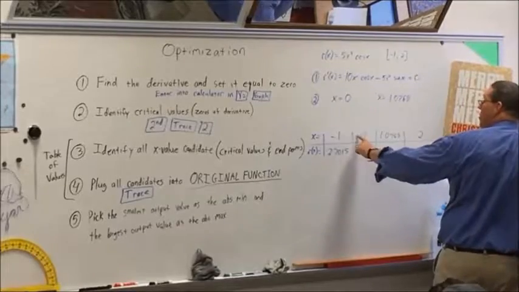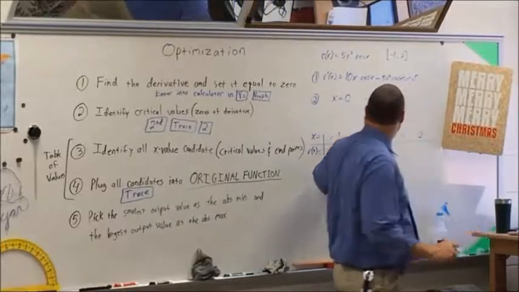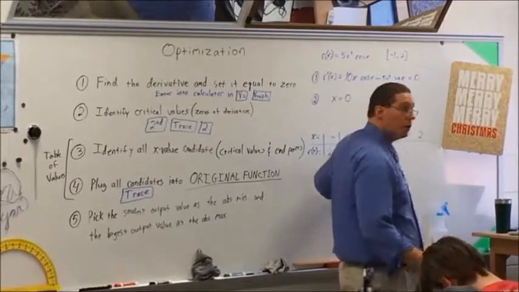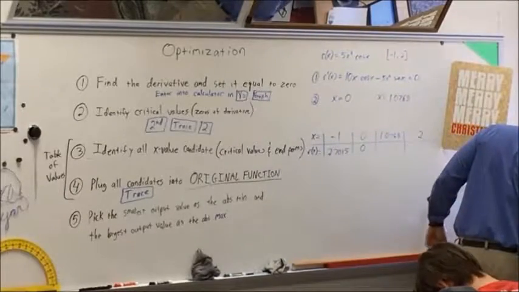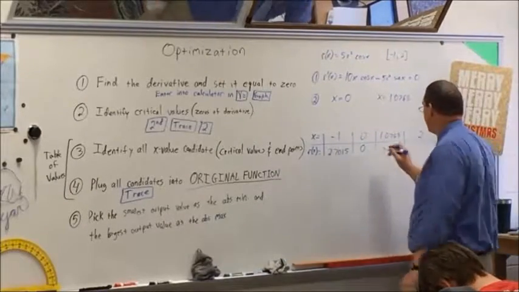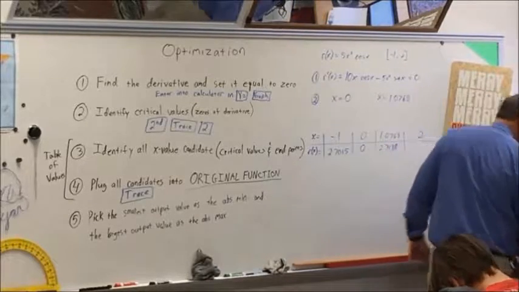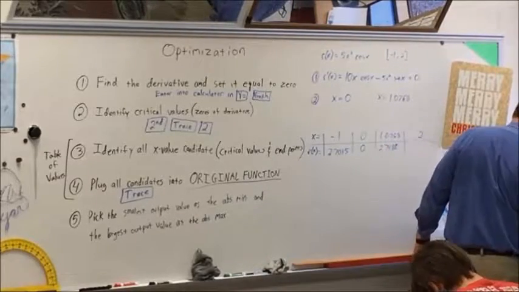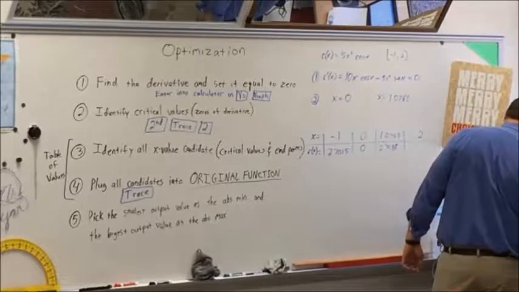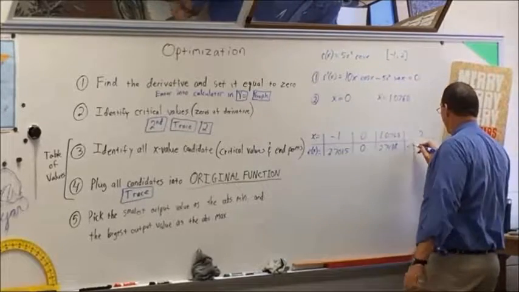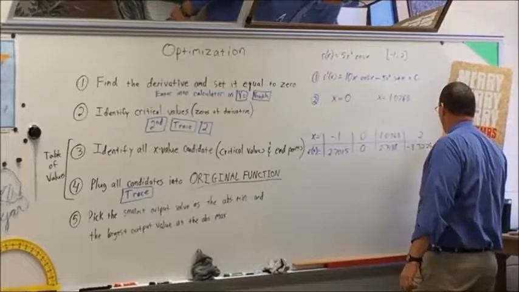Again, that means that at 0, both the derivative is 0 and the output is 0. Okay, then I've got 2.7488. And if you put 2.7489, that's okay too. And then I got -8.3229.